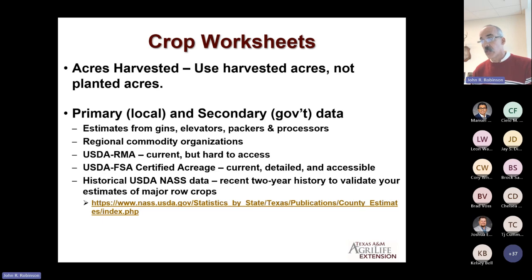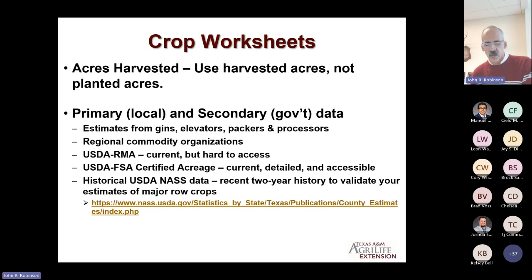So there's agribusiness experts you can ask to get a feel for acres. There's crop specialists who probably have a pretty decent notion about acres of crops.